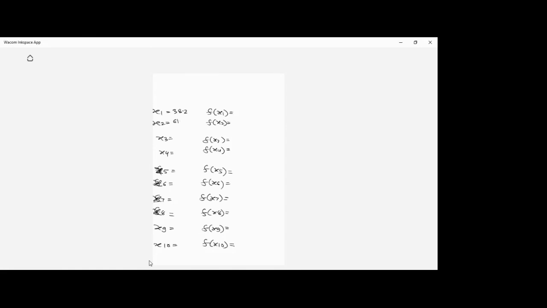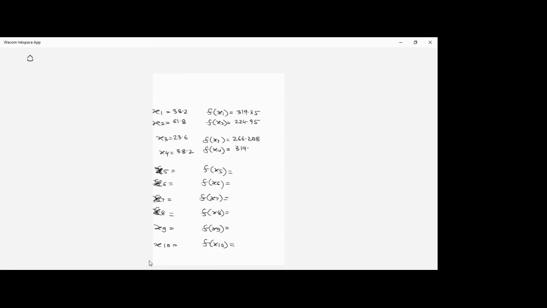38.2, 61.8, 319.35, 224.95, right? This was related with x1, x2. So x3 and x4, right? x3 we got as 23.6, and x4 we got as 38.2. f of x3 is 266.208.